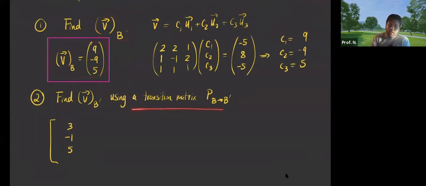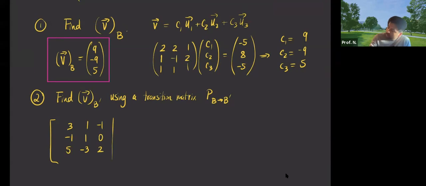Now I want to find the transition matrix from the old to the new basis, which implies that I need to use the column vectors of the new basis. So it becomes 3, 1, negative 5, then 1, 1, negative 3, and negative 1, 0, 2.